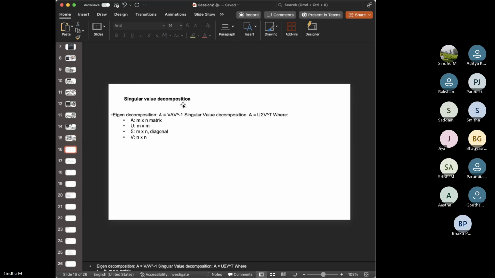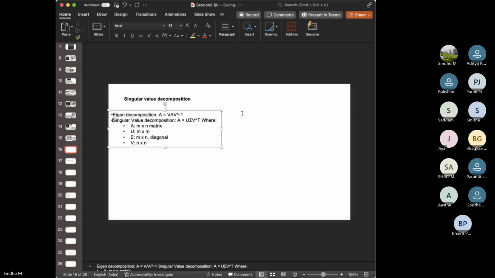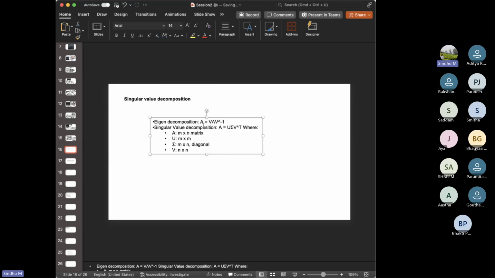And yeah, in the next lecture, we discussed about eigen decomposition and singular value decomposition. So in both of these, we are writing a vector in a simplified form using different kinds of vectors, like using specialized vectors.